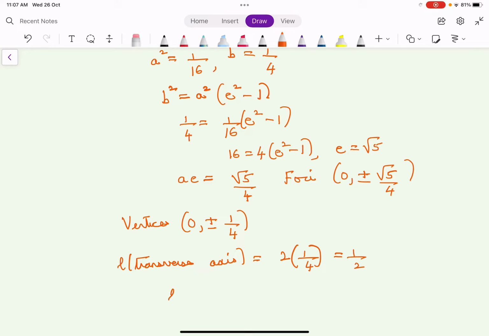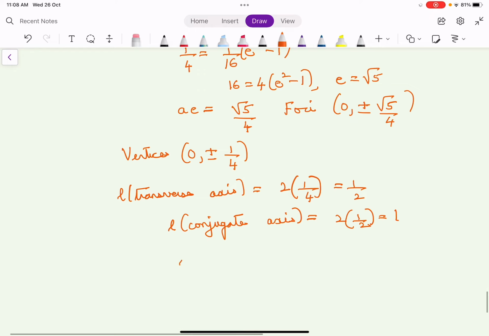Length of the conjugate axis is 2b, that is 2 into half equal to 1. And length of the latus rectum is 2b squared by a, that is 2 into 1 by 4 by 1 by 4, and that will be 2.